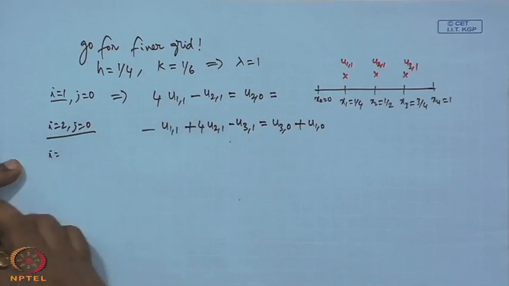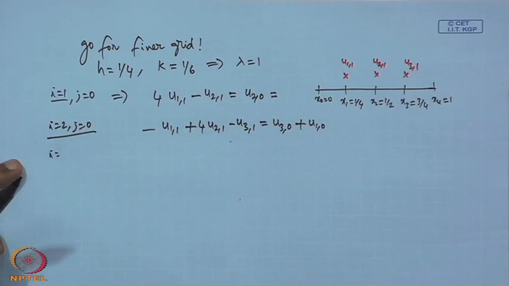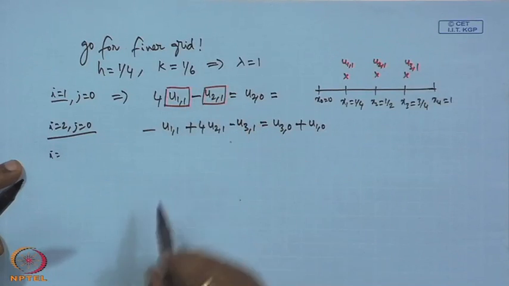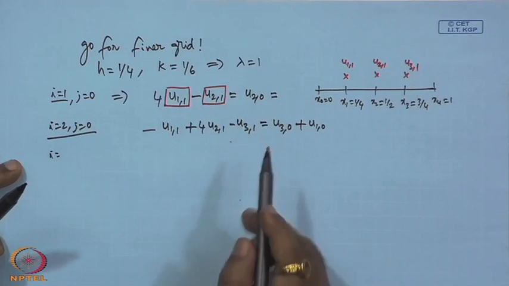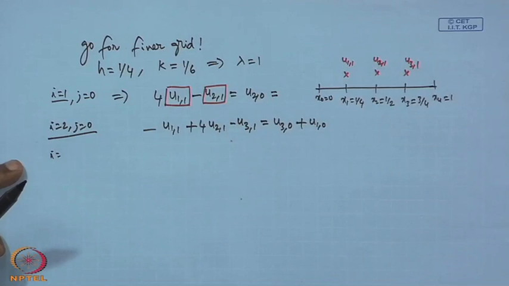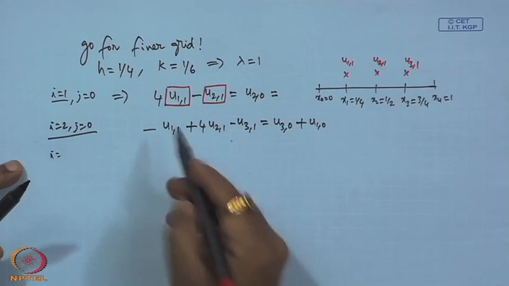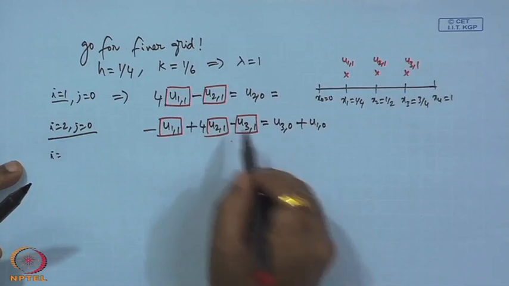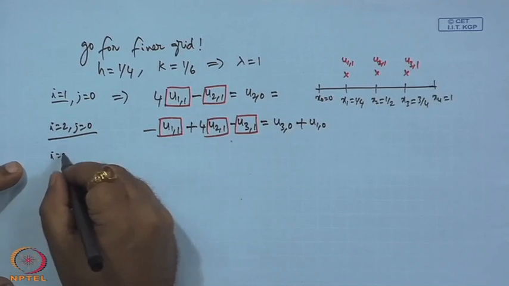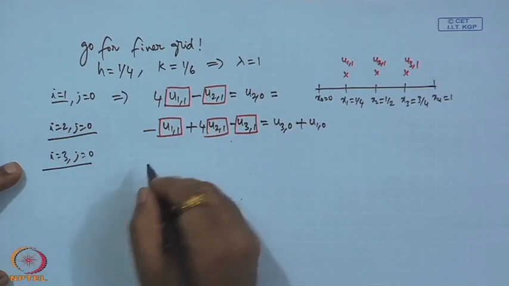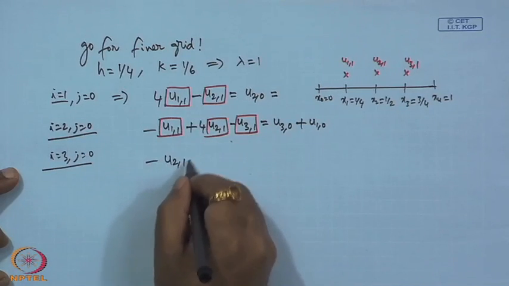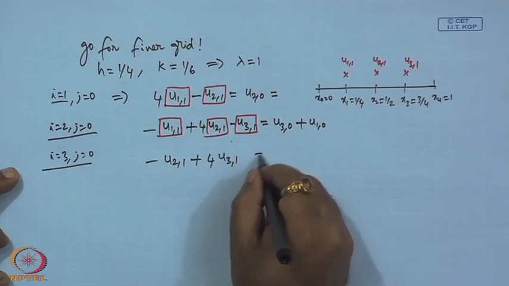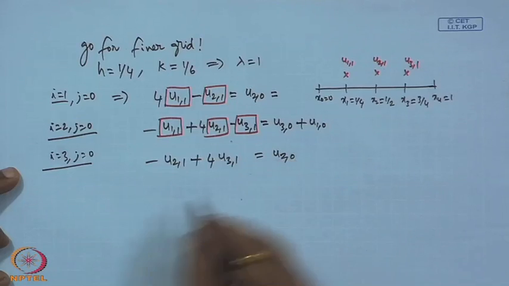So, in this the unknowns are... since Crank-Nicholson is implicit, we expect a system of equations. So, similarly, okay. So, now for i equals to 3, we get... okay.